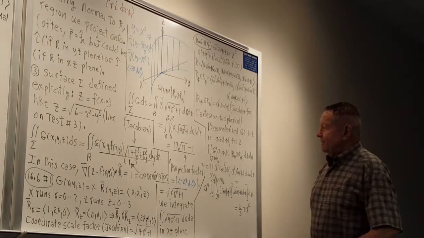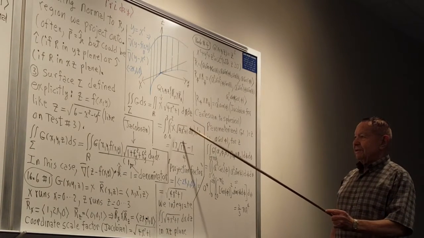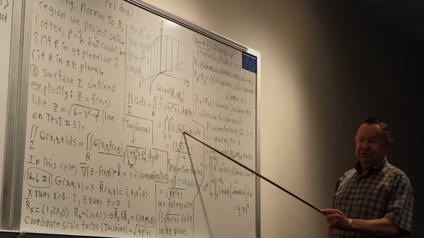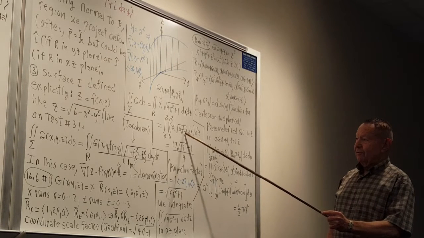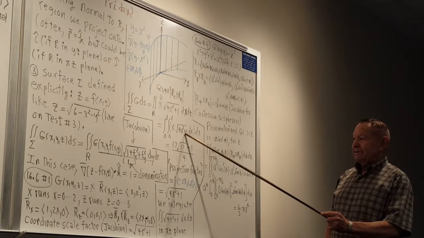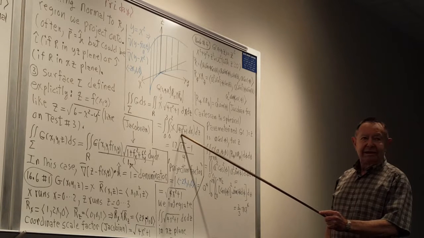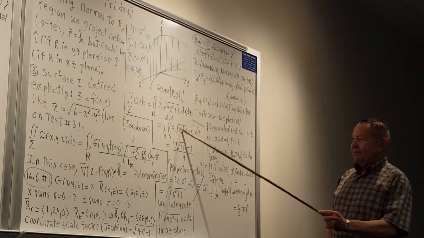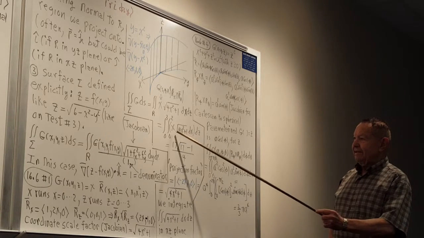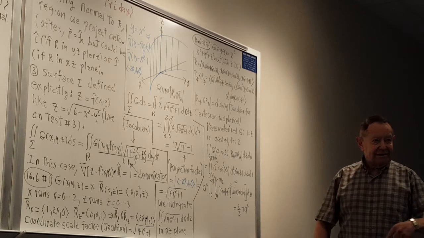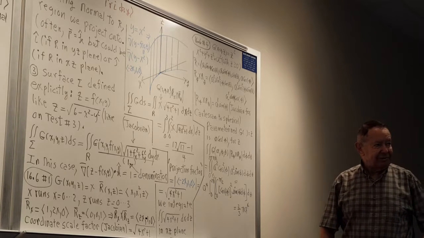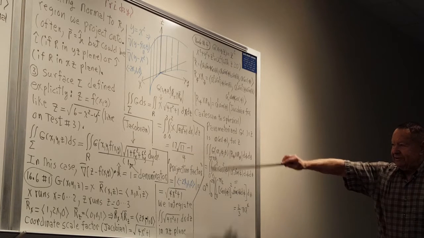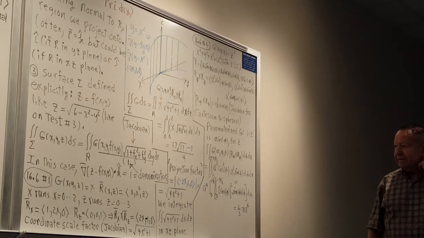So you would integrate this the way you'd expect to. This is a u substitution. If u were 4x squared plus 1, the du would be 8x dx. So you have u to the half, and then you have du over 8, and you change your limits to limits on u, and grind through that, and you get the number.